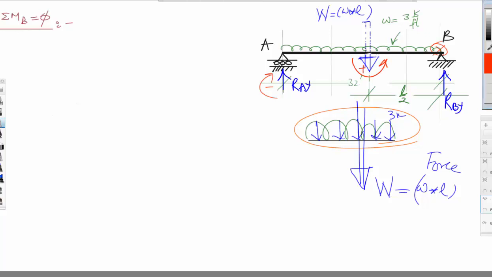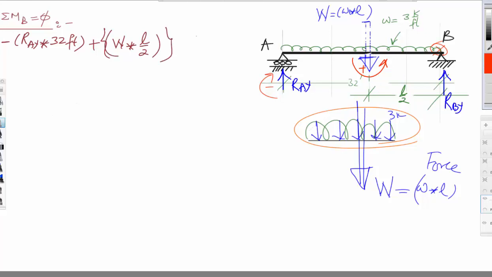So we have plus minus RAY multiplied by the entire distance, which is from here to here, and this is equal to 32 feet. Then we have plus, and the plus will have 2 parts to it. We'll have first of all the force, which is uppercase W, so W multiplied by the distance. This distance is L by 2.